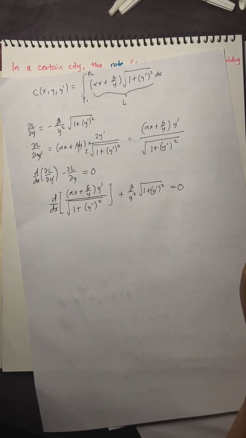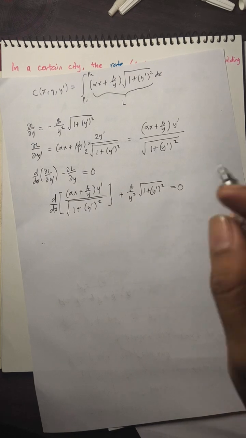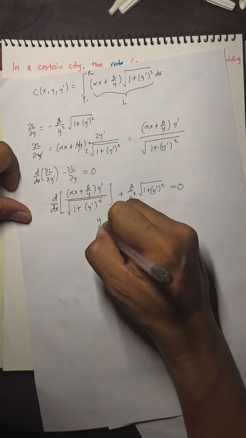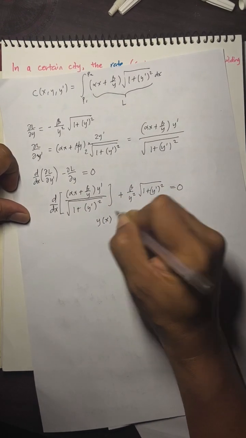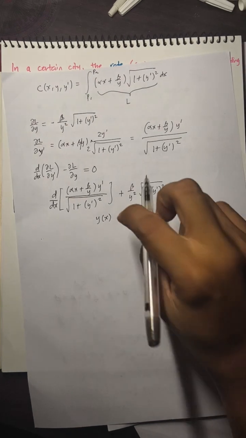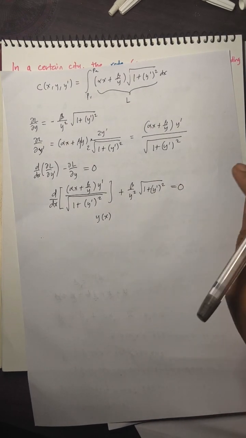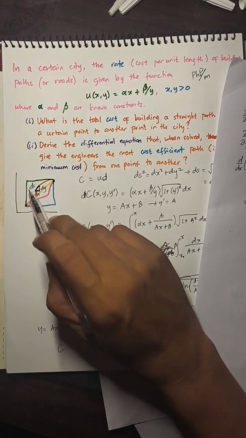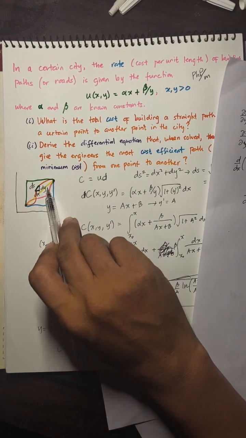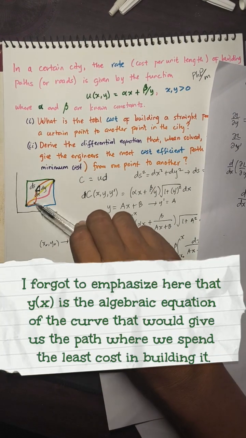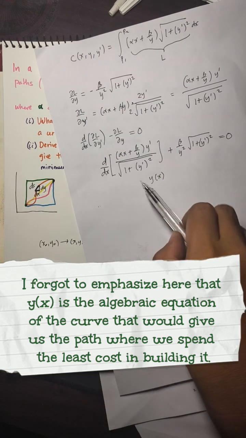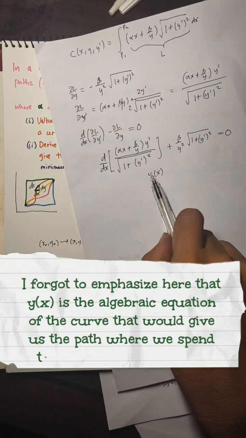When you solve this equation, you will get y of x, which is the algebraic equation of the path from one point to another point. It's a closed form.